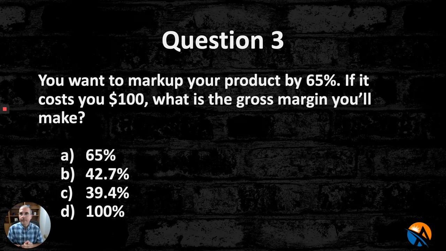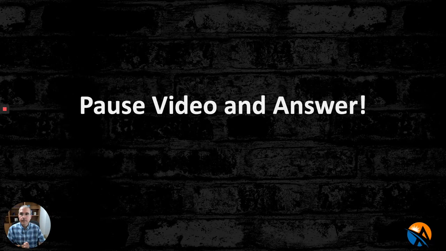Question 3. You want to mark up your product by 65%. If it costs you $100, what margin will you then achieve by marking up your price by 65%? Again, pause the video now and answer the questions, and then come back and I'll walk you through the answers.